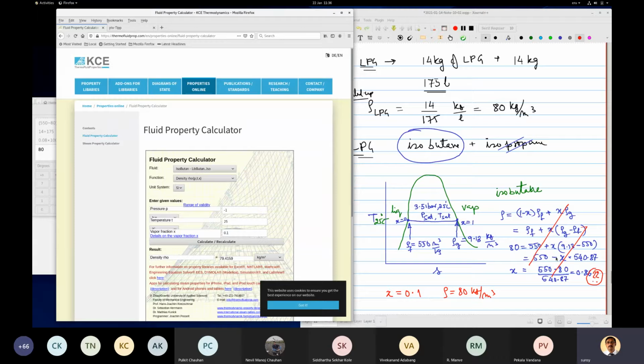Let us not look at this calculation. Something must be wrong.